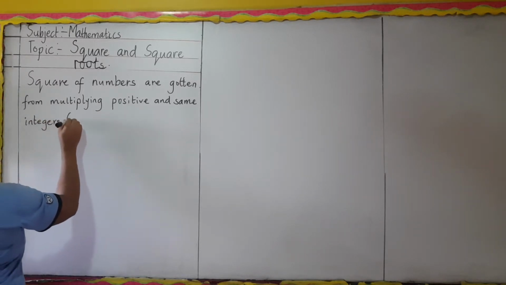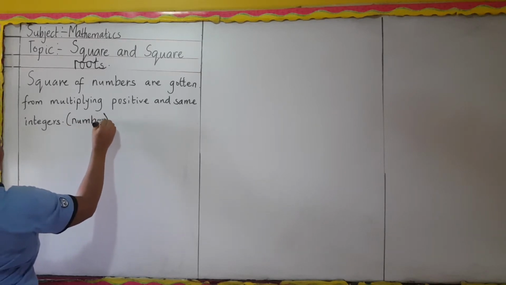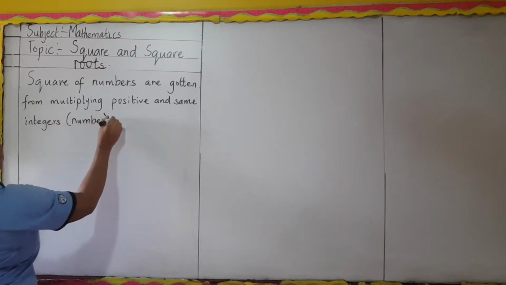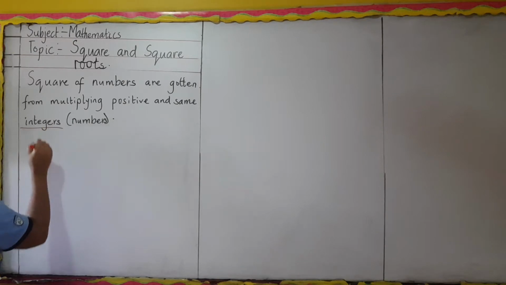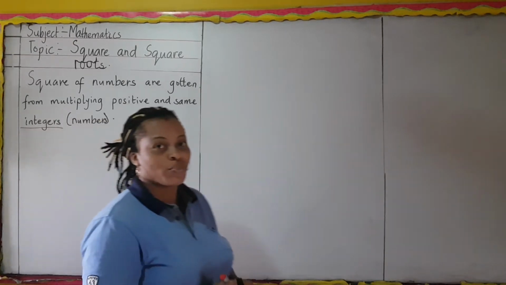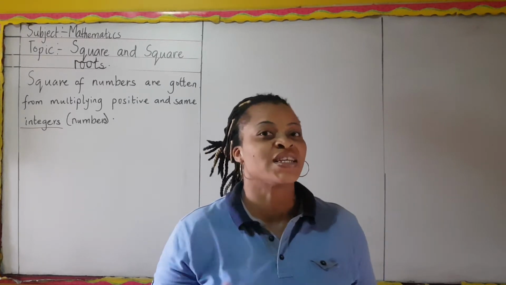In brackets, integers means numbers. Please, it's talking about numbers too. So anytime you hear the word integer, know that the person is talking about numbers. Now, square of numbers has to do with positive integers, that's positive numbers.